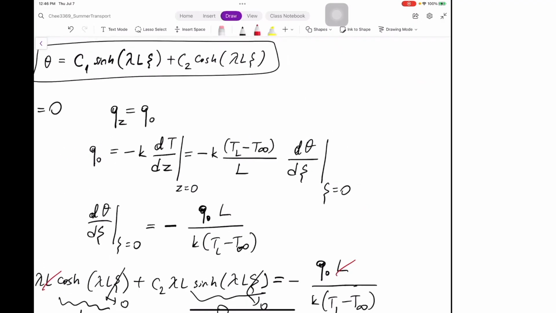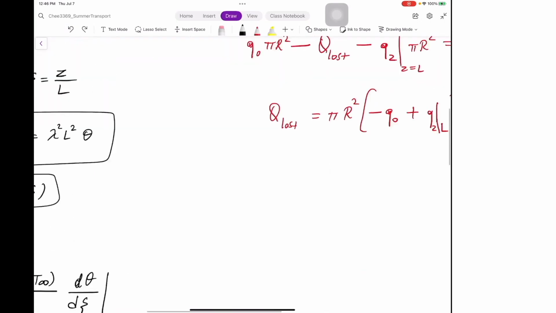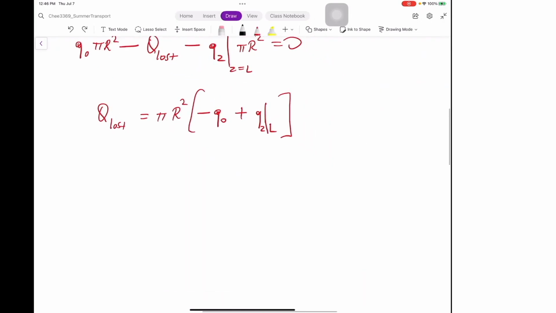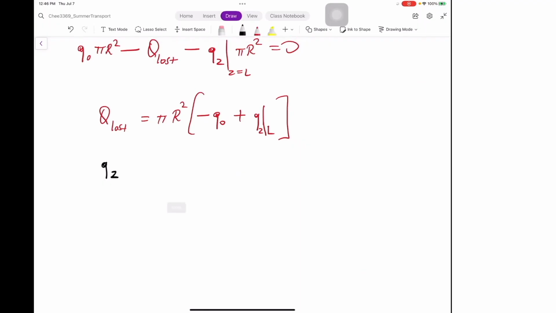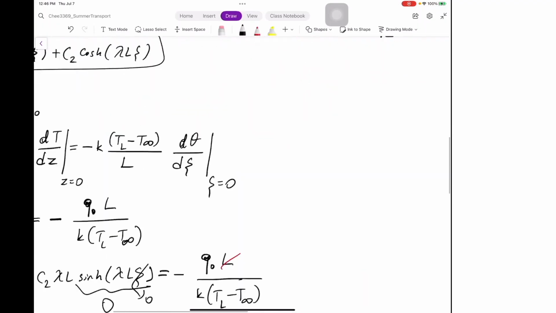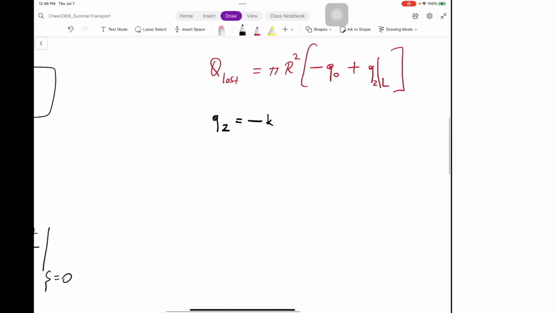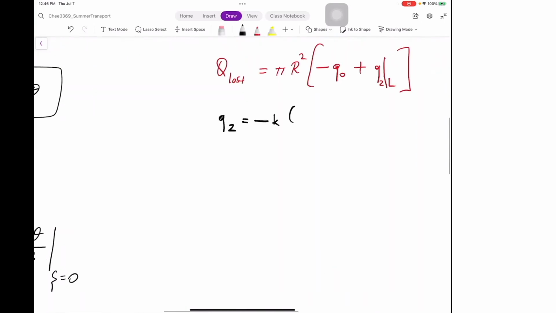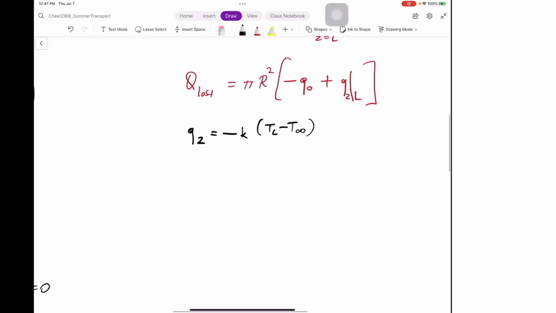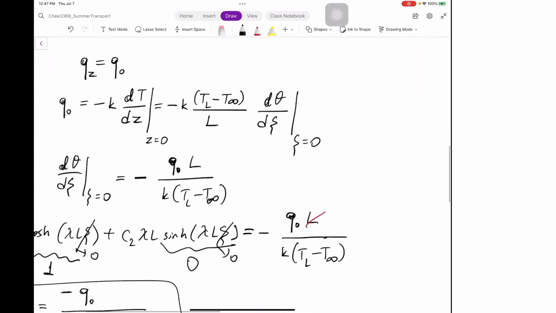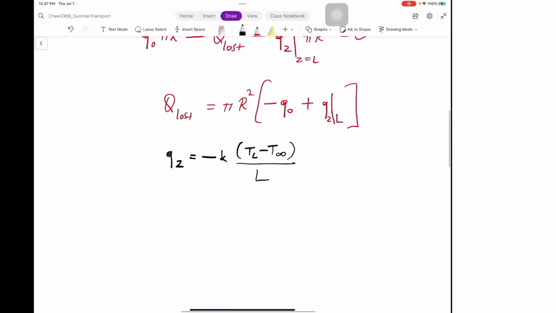QZ at any Z is basically nothing but this, which we had found earlier, divided by L, d theta over d psi.